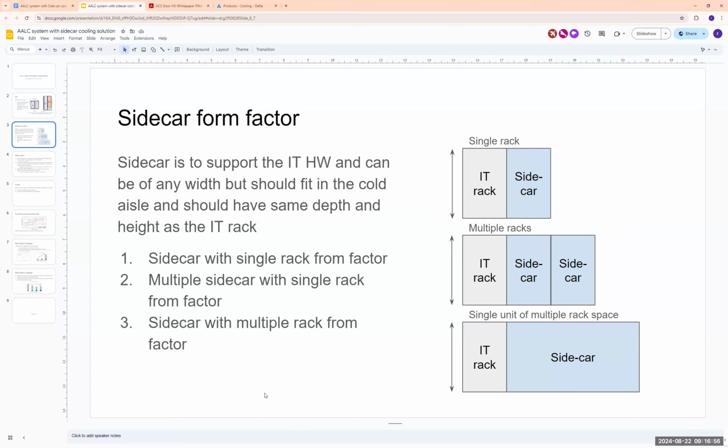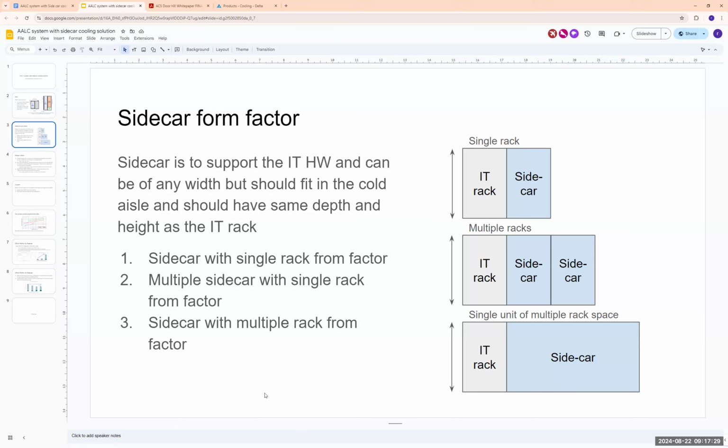The sidecar could be a single rack form factor sitting next to an IT rack, or multiple racks controlled using a group control and providing cooling to a single IT rack, or a bigger multi-rack space, occupying a sidecar with a single unit.